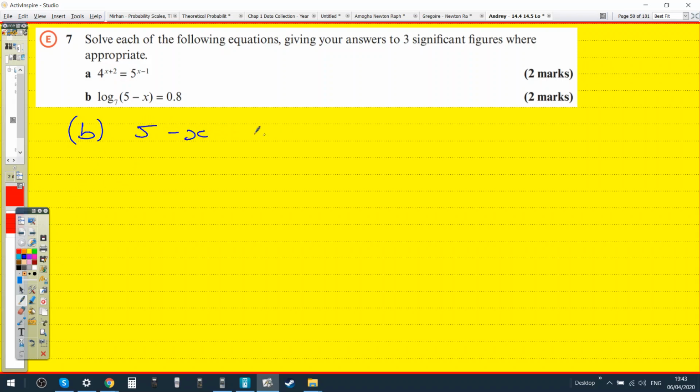Or it doesn't work that way. How does it work to convert a log into an exponential? Oh wait, so it would be 5 minus x is equal to 7 to the power of 0.8. Yeah. And so what would x be equal to? X would be equal to 5 minus 7 to the power of 0.8. Yep. And then you just put that in the calculator and get the answer. That's grand.